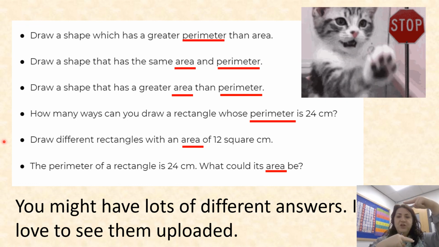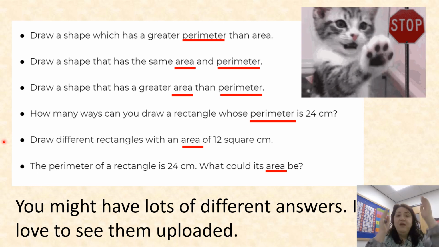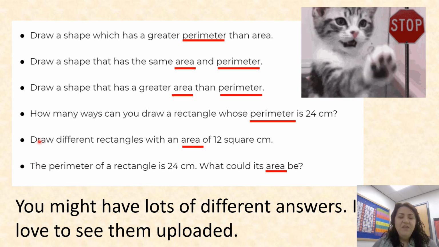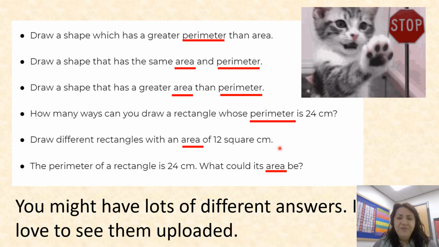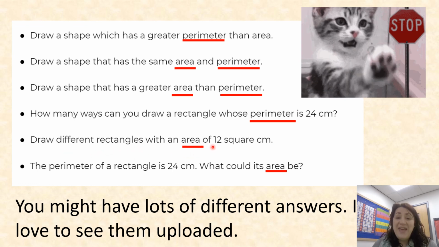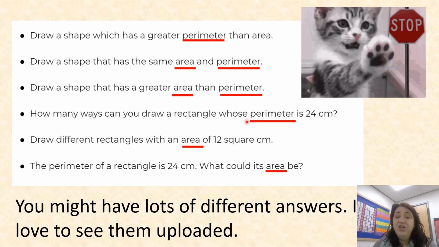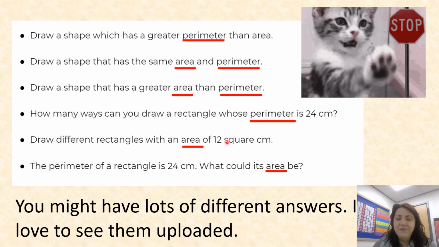And then if you had two sides of 2, what would those two be? Then if you had two sides of 3, what would those two be? So use a system for that. This question here is just like we did with the factor bugs. Draw different rectangles with an area of 12. So first of all, find the factors of 12 and use those to work out the areas.